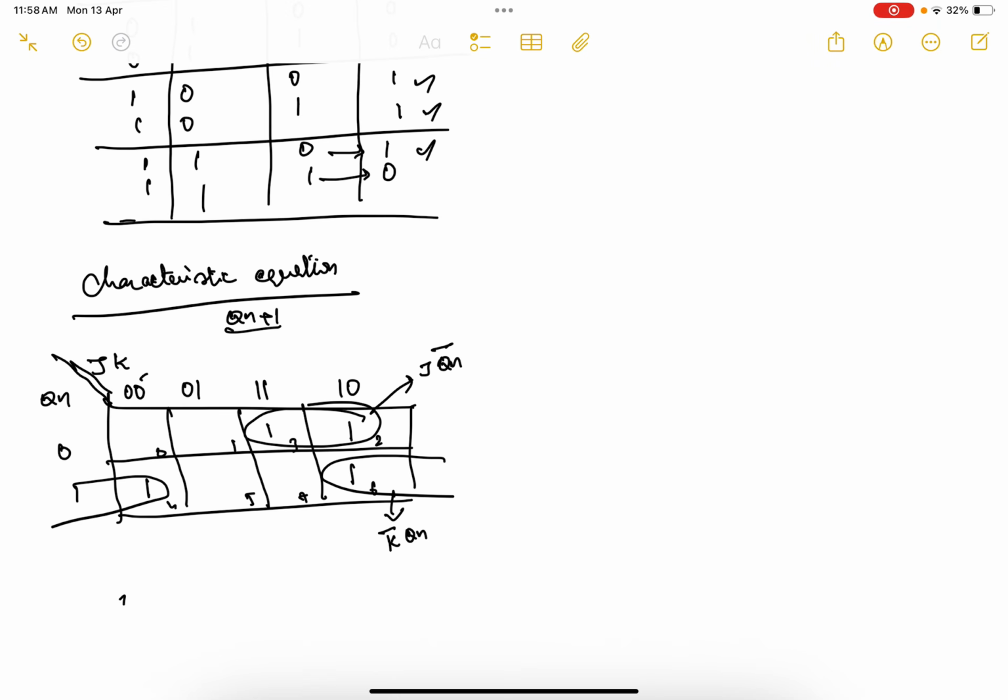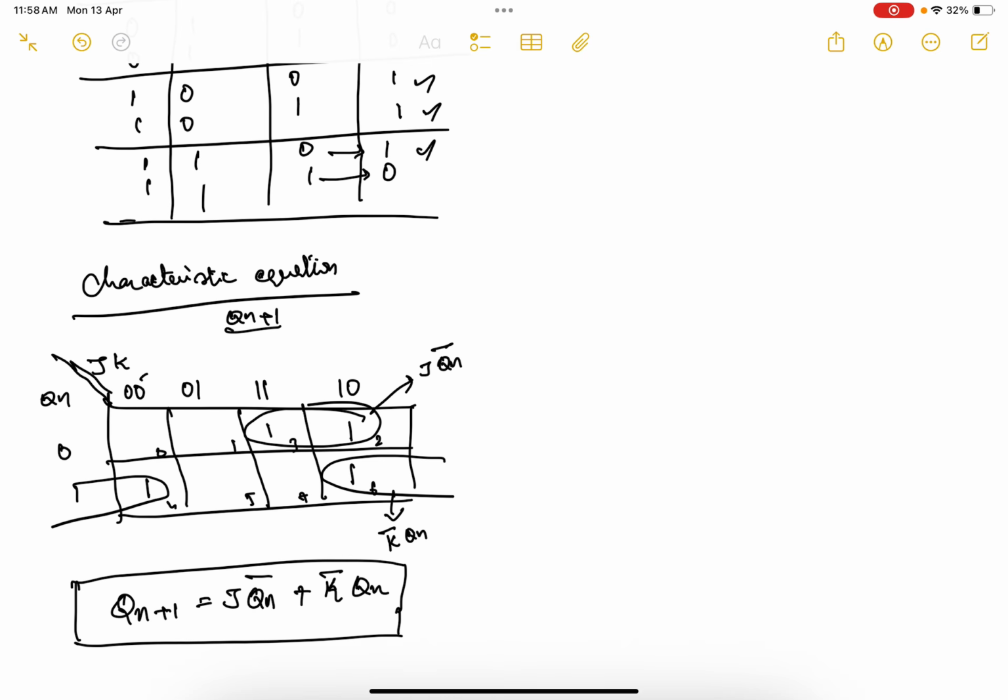So once you write the finalized expression, Qn plus 1 equal to J into Qn dash plus K dash into Qn. So this is my next state condition or the characteristic equation.